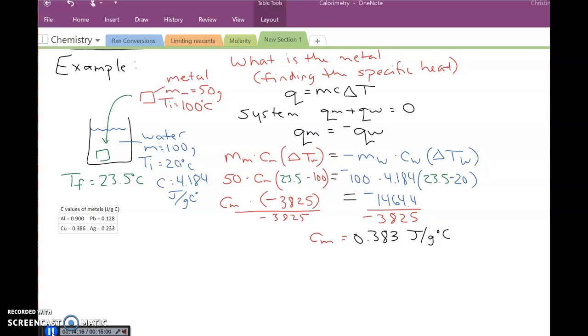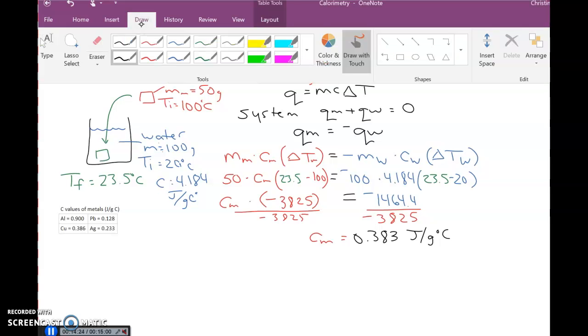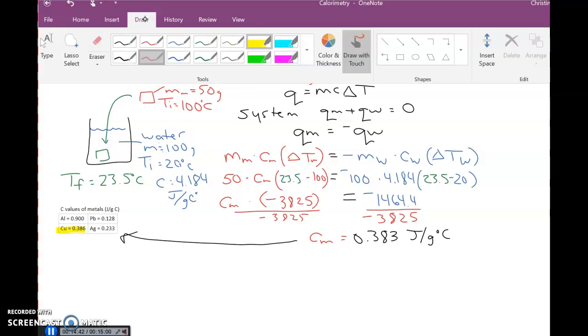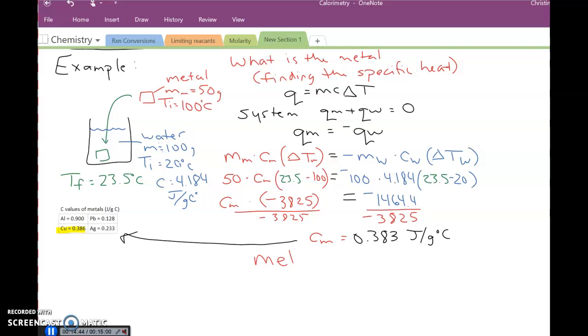We do the math, we come up with 0.383, which is very close to a value on a chart I put on the side here. We look over here at the chart, and it is very close to the value for copper. So we're going to say that our metal is copper. So the metal is copper. And that's how you do these problems. Thank you very much.